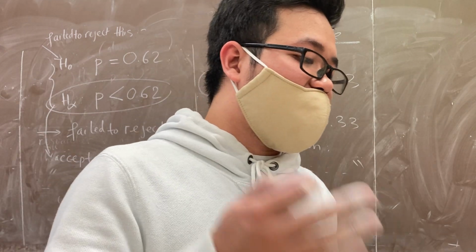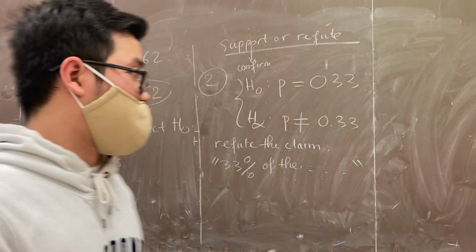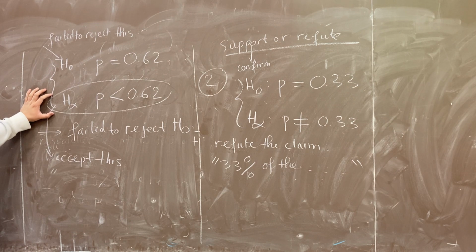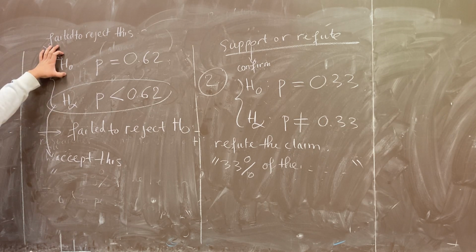So B, there is not sufficient evidence to say that the percentage is less than 62%. That means that they don't have enough evidence to show this statement is incorrect, right? So they have failed to reject this.